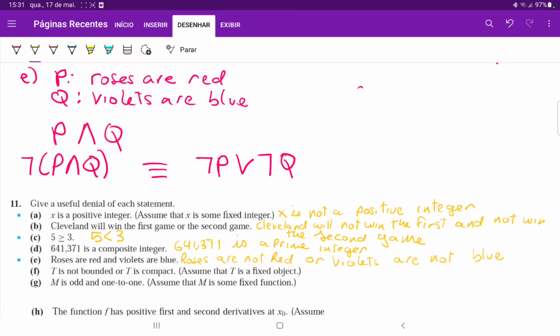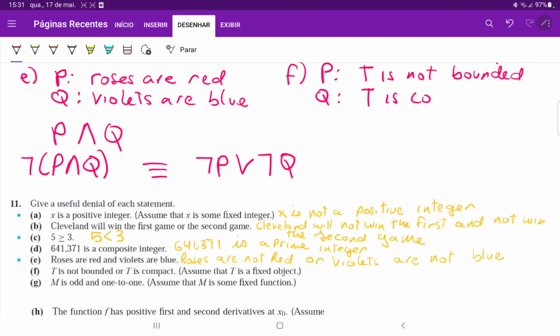So we're saying that F, T is not bounded or T is compact. So for F, we have two propositions here, where P means T is not bounded, and Q, T is compact.